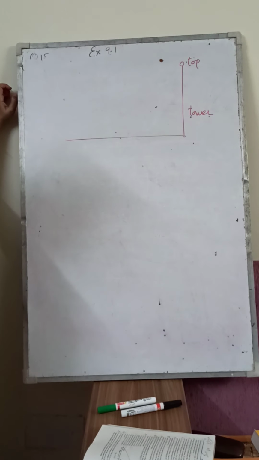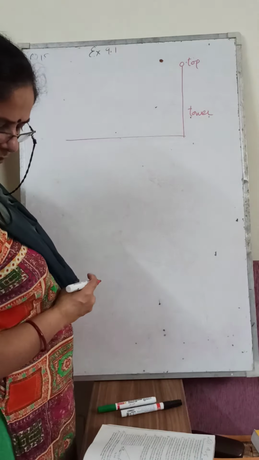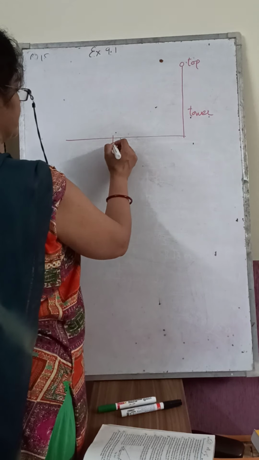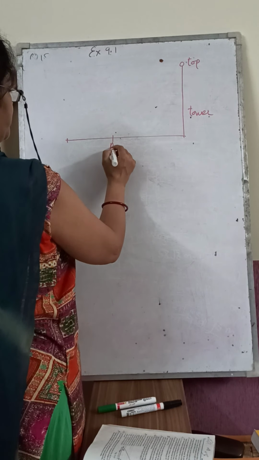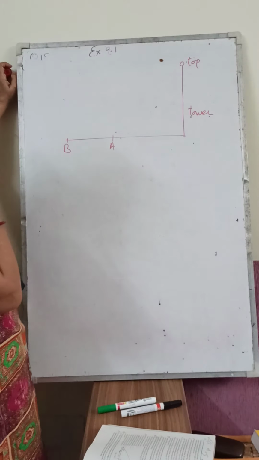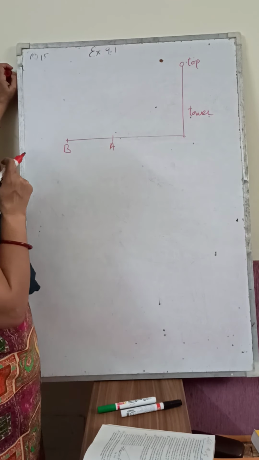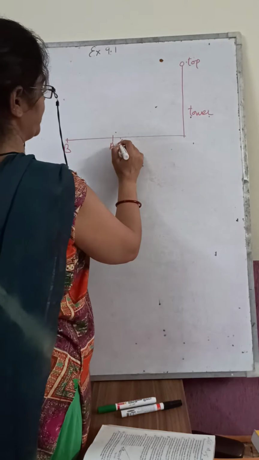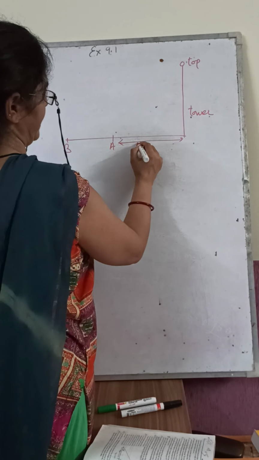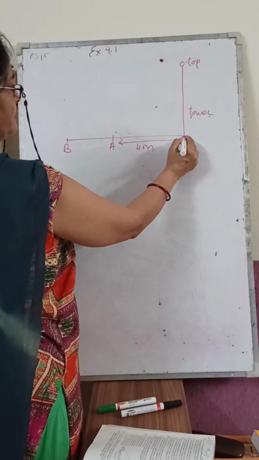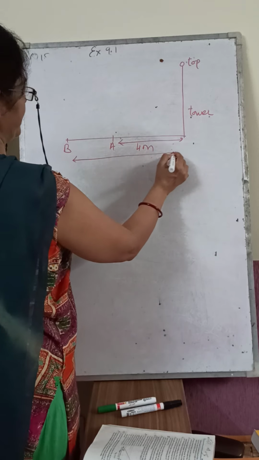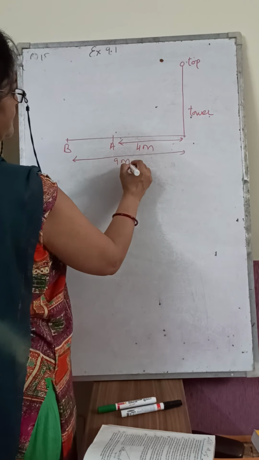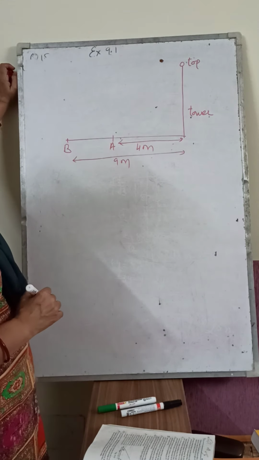From two different points, this is point A, this is point B, at a distance of 4 meter. This point A is at a distance 4 meter from this, and point B is at a distance 9 meter. Right?